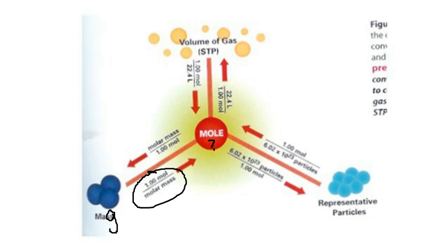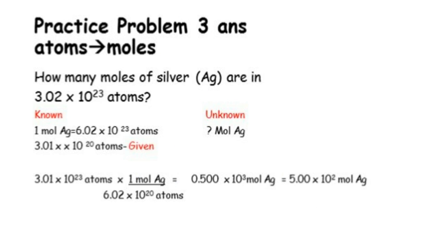If I was given so many atoms of something, and I want to know how many moles, I would use this conversion factor. If I'm given moles and I want representative particles, I would use this conversion factor. Let's clear the page. Let's go to an example.